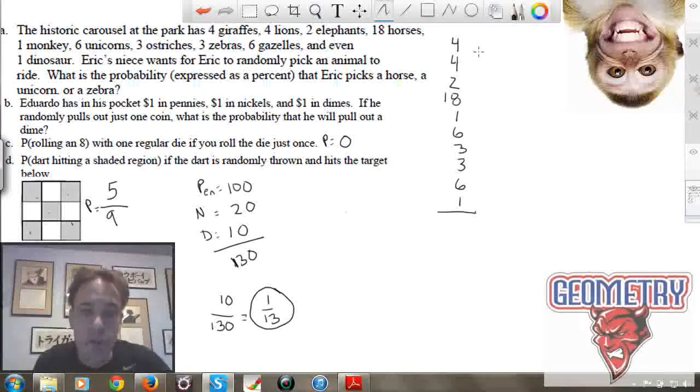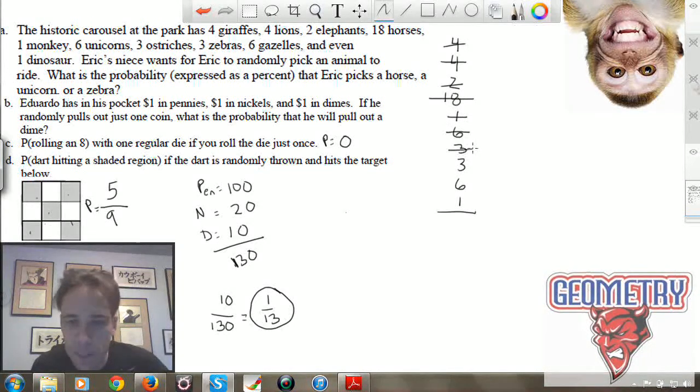So let's add these all up to see how many animals there are total. Well, 18 and 2 is 20, 24, 28, right there. 29, 35, 38, 41, 47, 48. So there are 48 total animals there on the carousel.